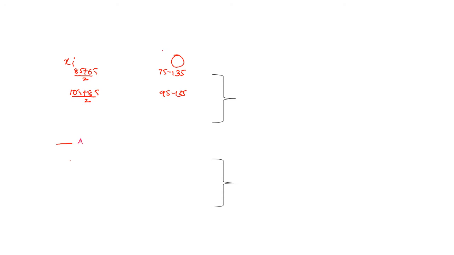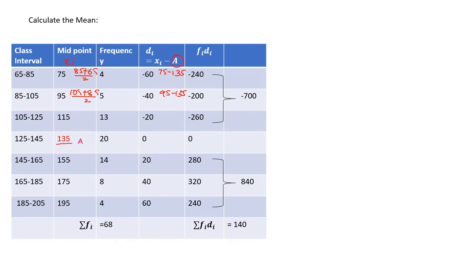Let's understand how to find the mean for the same data. To calculate the mean, we first have to find the class mark for each class interval. The class mark is termed xi, and xi is found as upper limit plus lower limit divided by 2.